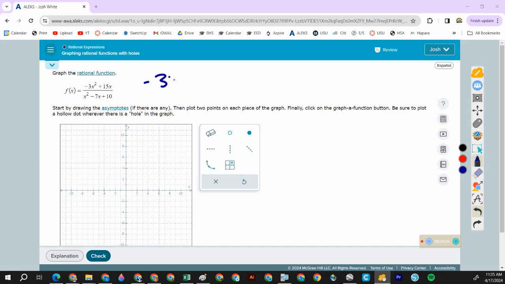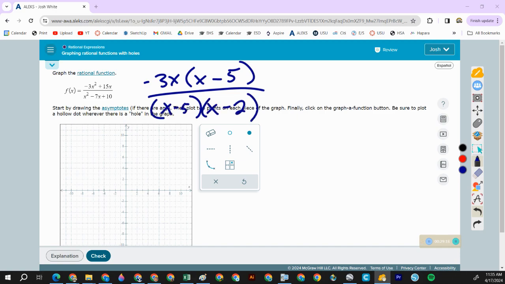So negative 3x over x minus 5 and x minus 2. Okay. I have a VA at 2. I have an HA at negative 3. I have a root at 0.